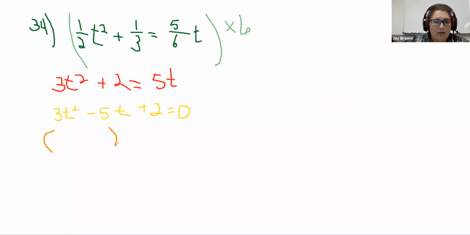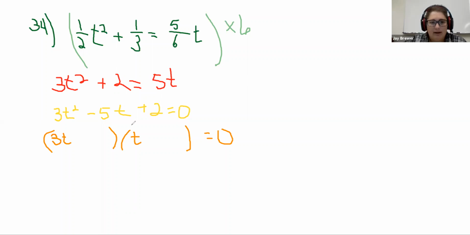So typically we would split the t's, right? We are still going to split the t's, but one of your t's will have a 3 with it. Okay, a 3 is not a perfect square, so you can't split it up in any other way but 3 and 1.